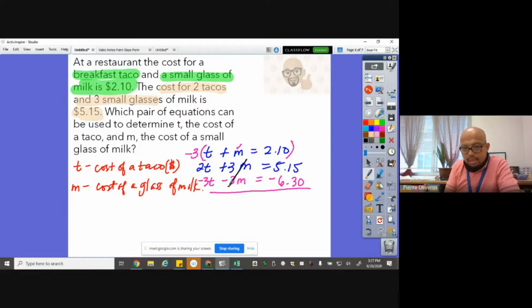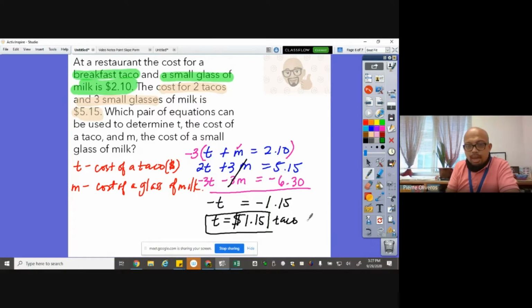And now I can cancel this out. This will give me -t is equal to -$1.15. That means I'll get the taco is $1.15. Okay, that's the price for the taco.